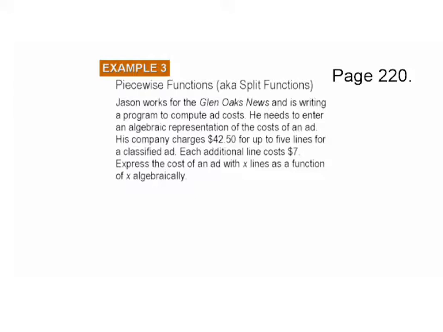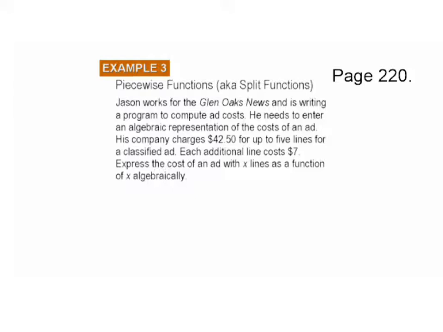Here's our first example. This is example 3, which is on page 220. It's about piecewise functions, that are split functions. Basically, they're functions that could have two either-or cases. Jason works for the Glen Oaks News and is writing a program to compute ad costs. He needs to enter an algebraic representation of the costs of an ad.